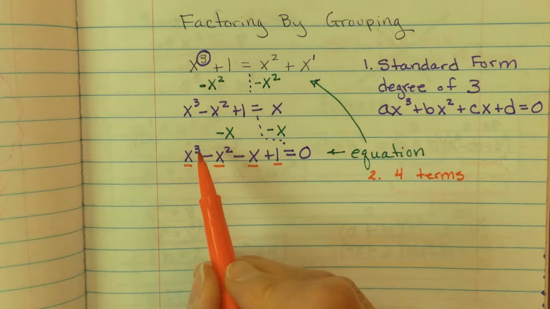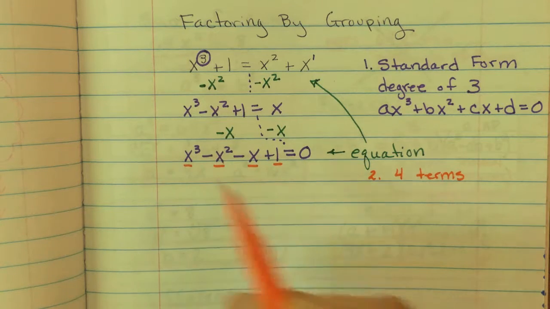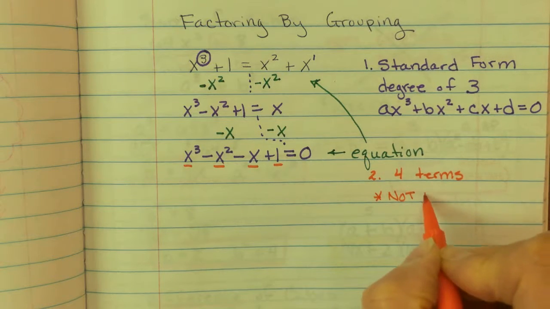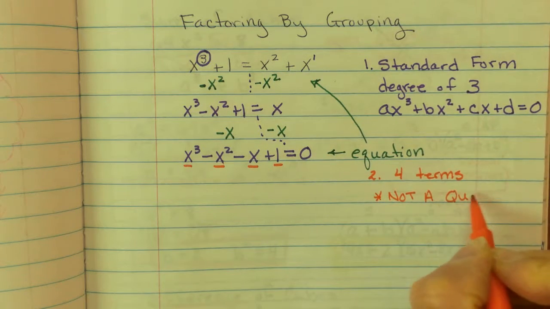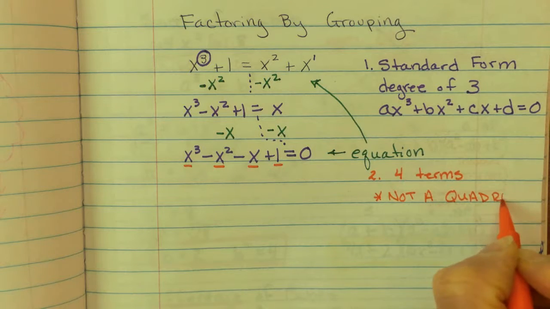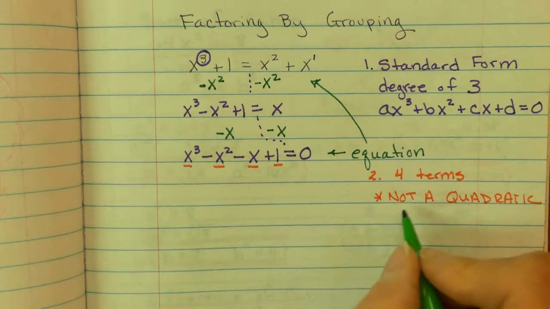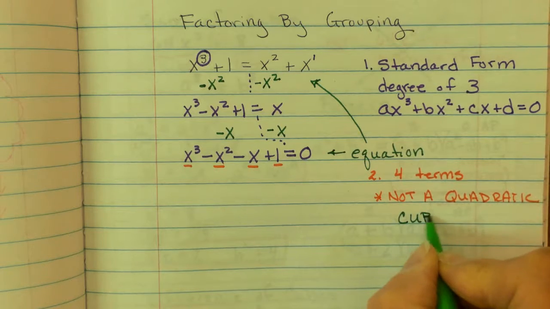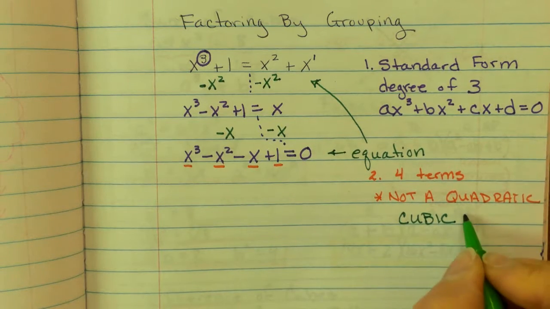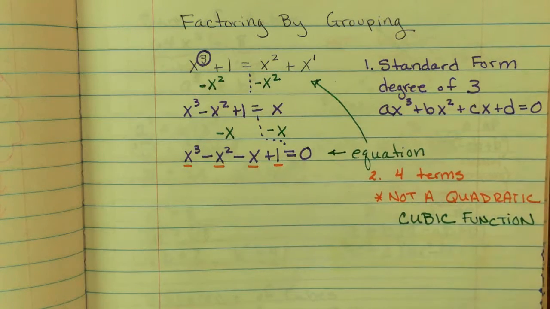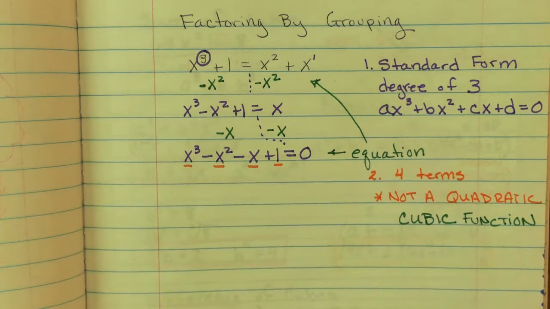Notice this is not a quadratic. This here is a cubic. So let's write that down. This is not a quadratic. This is a cubic function, and it is a polynomial.